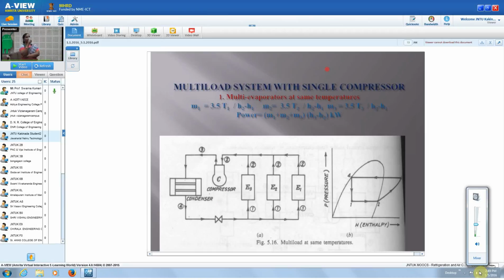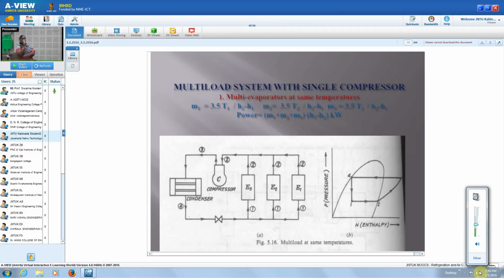So with this we can find out the mass of refrigerant required in the first evaporator, second evaporator and also the third evaporator. If T1 is the tonnage required in the first evaporator and T3 is the tonnage required in the third evaporator, then what is the mass of refrigerant required for the first evaporator?